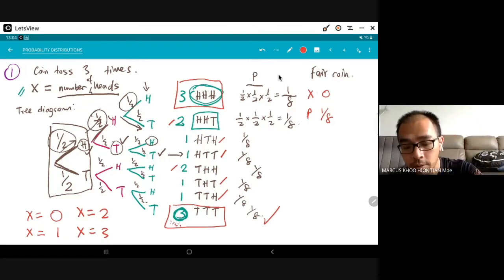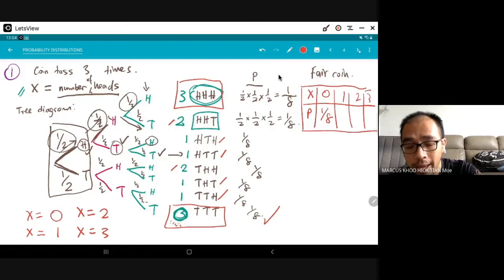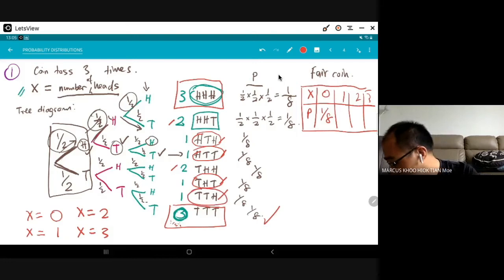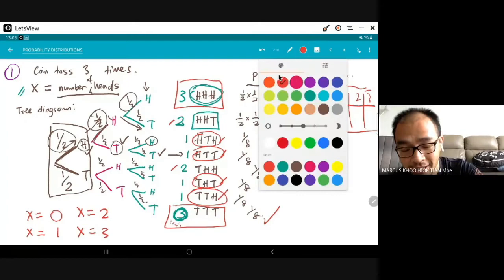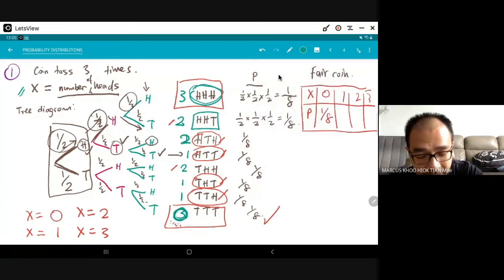I'm going to build a table now. So when x equals 1, how many probabilities are there that have 1 head? Sorry, something is wrong with me. I miscalculated again. This is 2 heads, isn't it? HH. Sorry.